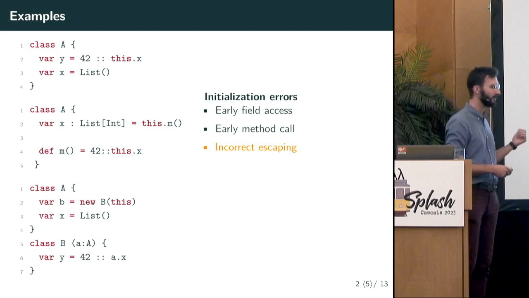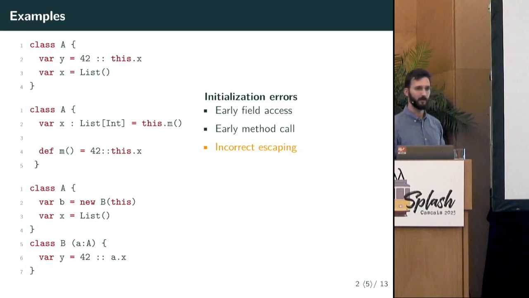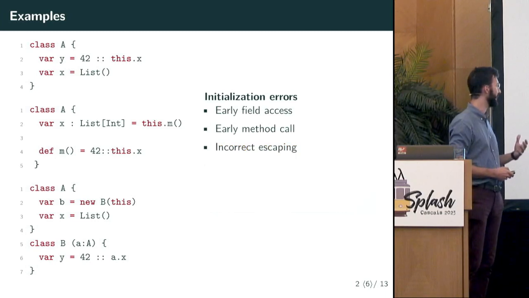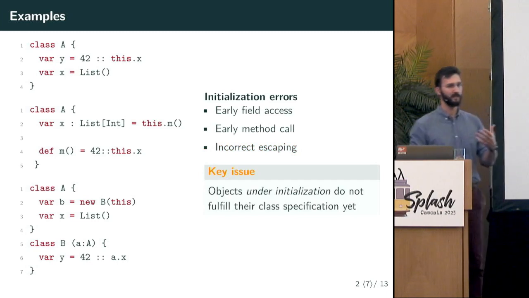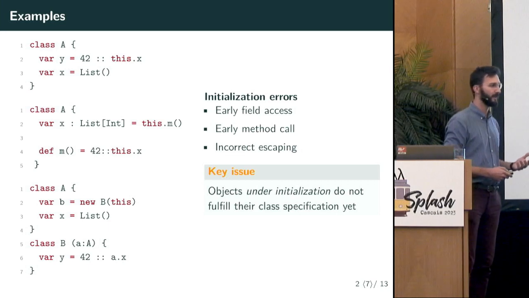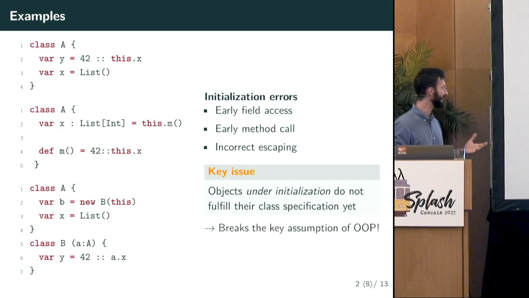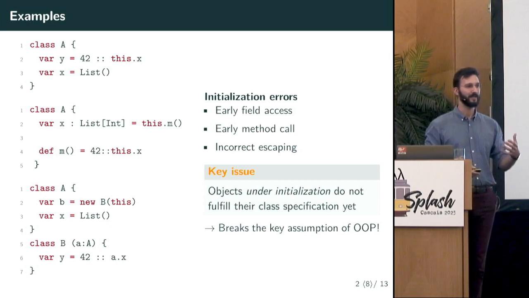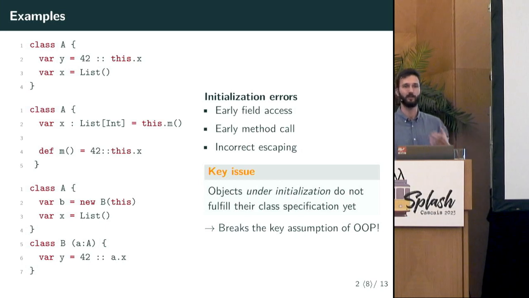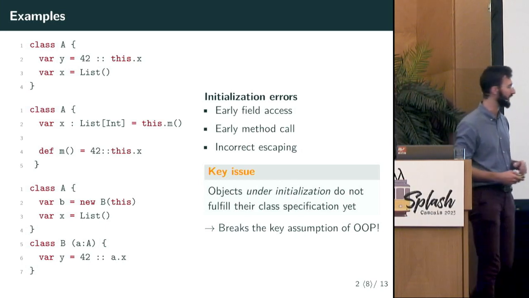And the third one is more worrying because it means that the error can appear anywhere in the program. Actually, the core problem of initialization is that objects under initialization do not fulfill their class specification yet. And so this is a big deal because when you have objects that are not fully initialized, they break the core assumption of object-oriented programming that objects fulfill a class specification.